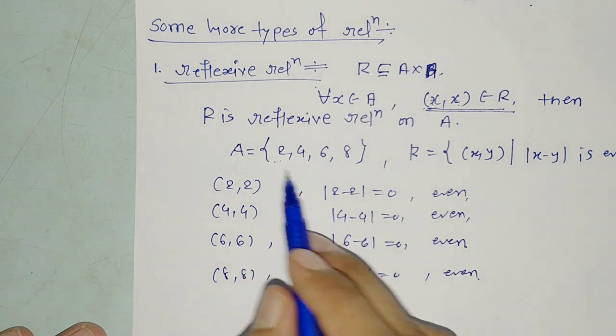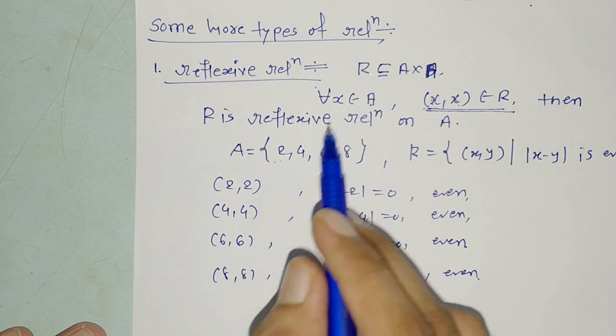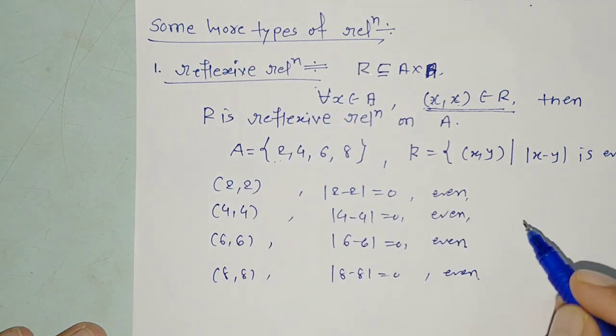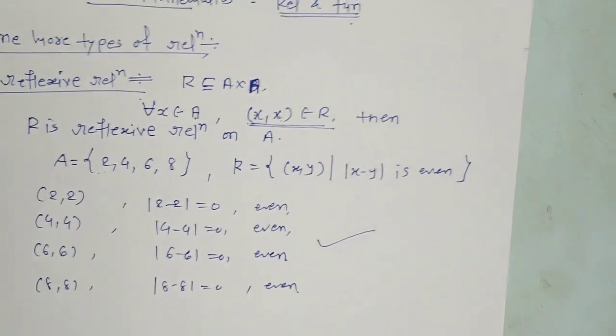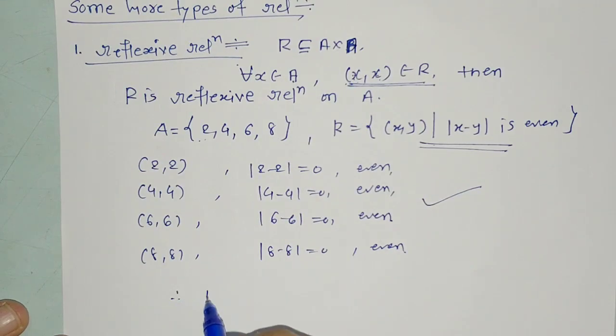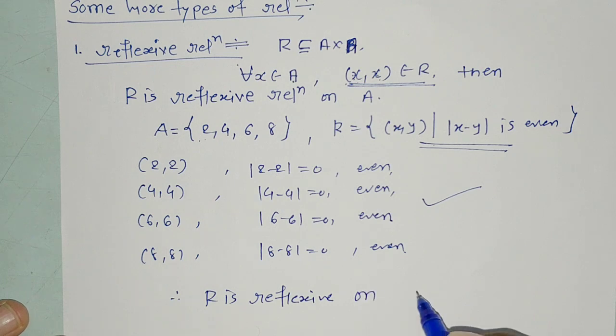So for all x belongs to A, all the elements of A satisfy the relation. So we say that R is reflexive on A. I think reflexivity of relation will be clear to you.